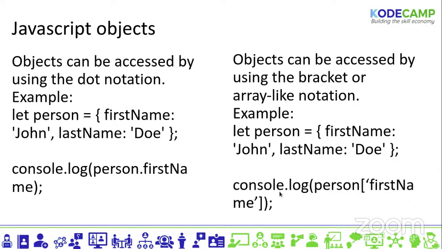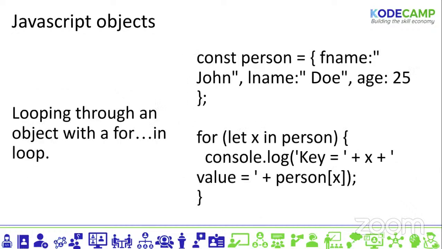So we have console.log, then person, then the bracket notation, and since it's a string, we pass it in as a string with quotation marks.